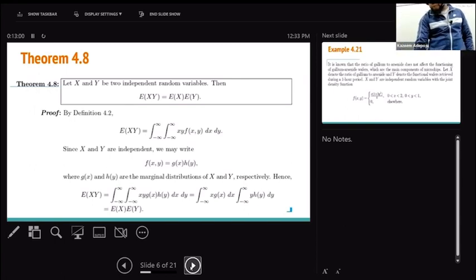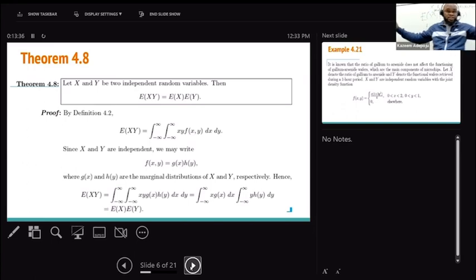Okay, now I think I've walked you through the example of how to obtain the expectation of a product when X and Y are discrete, but when they are continuous, look at Theorem 4.8, which is what I stated here. When the expectation of a product is equal to the product of the unconditional expectations, then X and Y are independent.